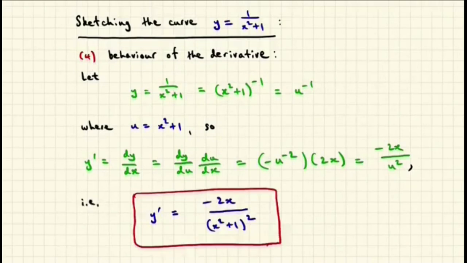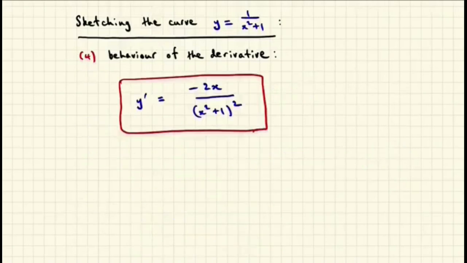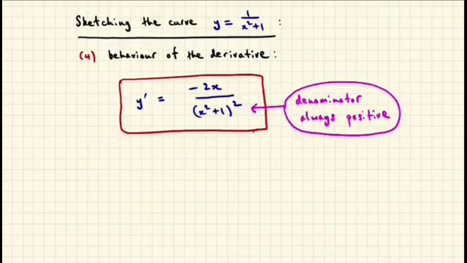Notice that the denominator is always positive, and y dash equals 0 precisely when the numerator is 0. That is, when x equals 0. We can now easily build the sign diagram. We have y dash equals 0 when x equals 0, and either side of 0 has the opposite sign of x because the denominator is positive.